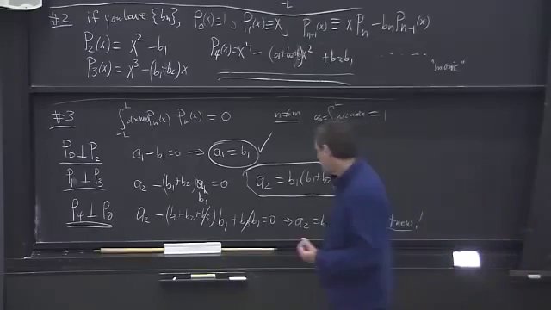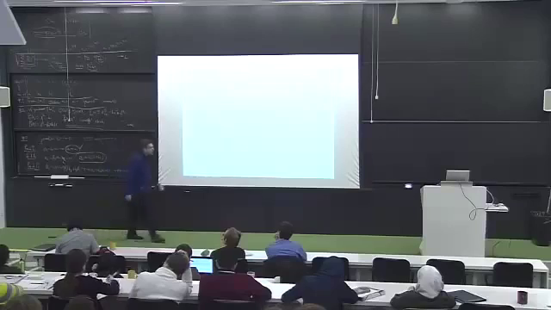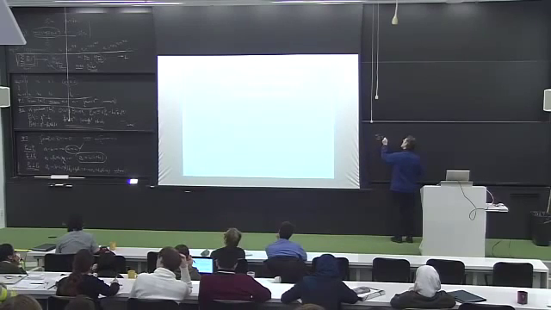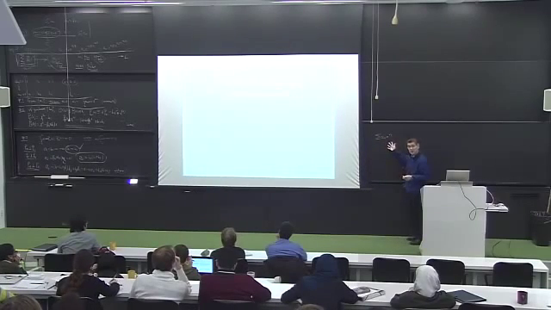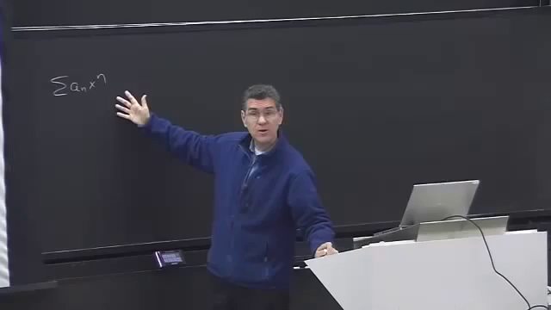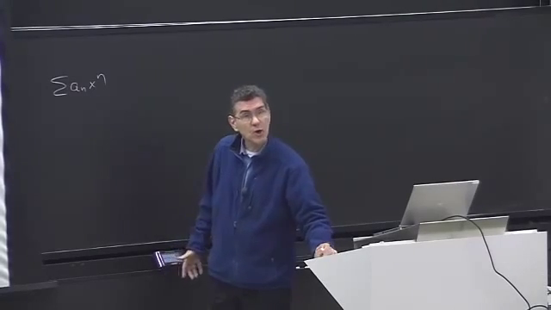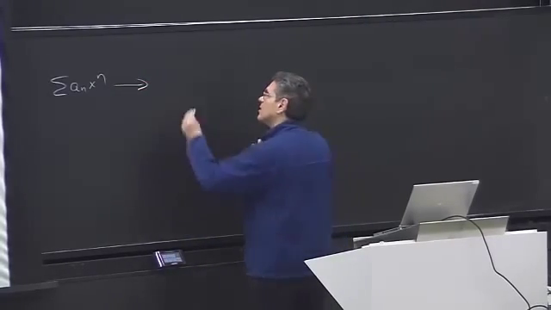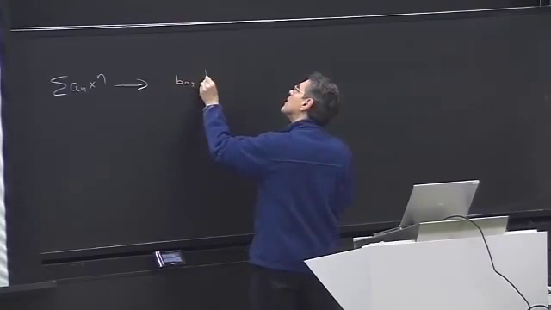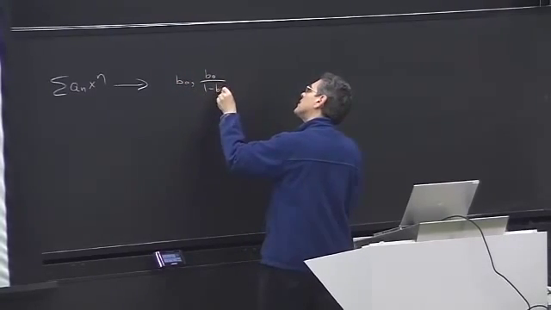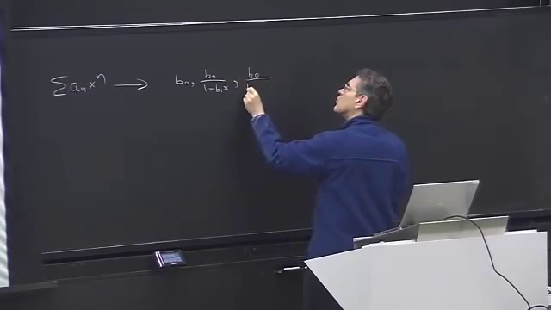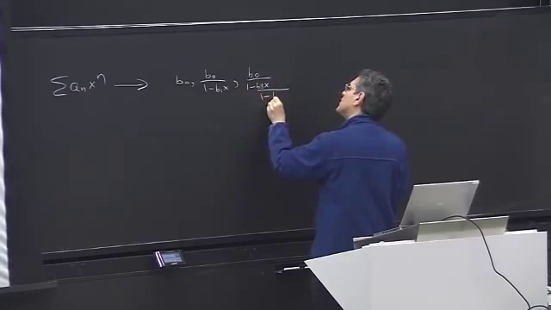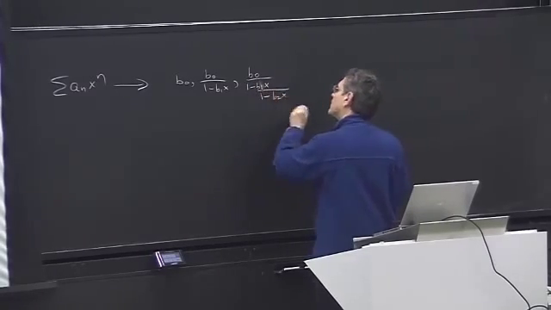So the question is, you agree now that if you have a Taylor series, a sub n x to the n, a formal Taylor series, which may or may not converge, and typically it doesn't converge, what you can do is convert this into a sequence of continued fractions of the form b0 over 1 minus b1x, b0 over 1 minus b1x over 1 minus b2x, and so on.